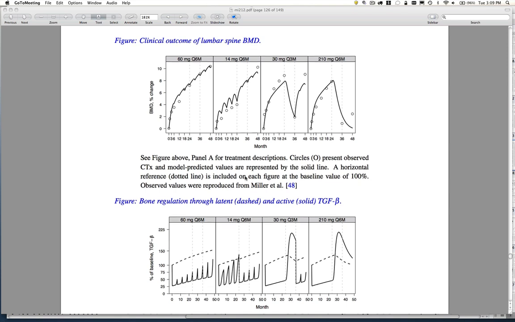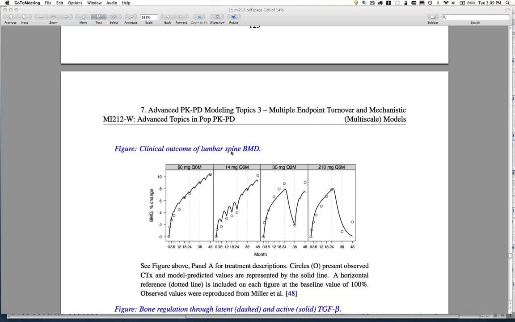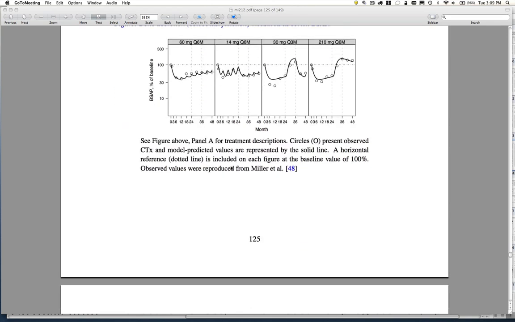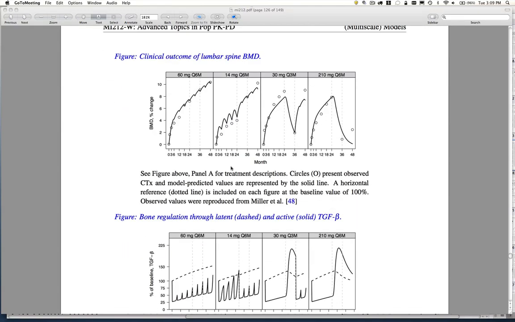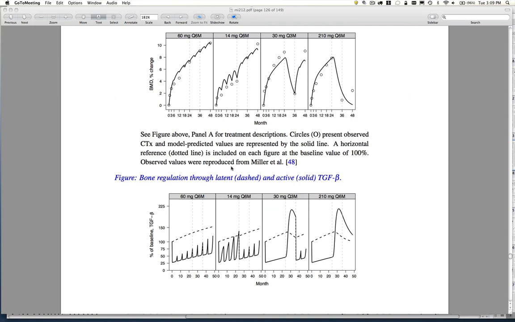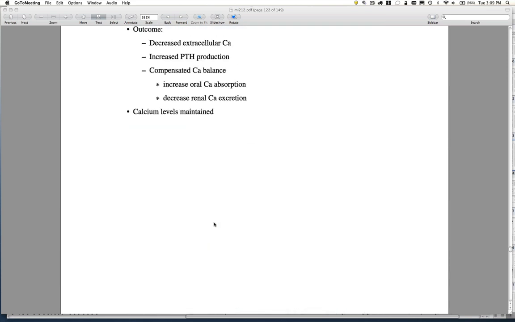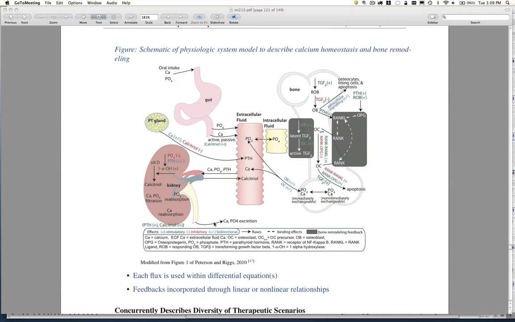Now, one of the reasons I mentioned that we're able to describe these tolerance and rebound phenomena is because we have those precursor type pool models embedded within the broader model. One of those pieces I mentioned was for the cytokine TGF beta. Let me just shoot back up to the schematic here to give you another visualization of what TGF beta is doing.